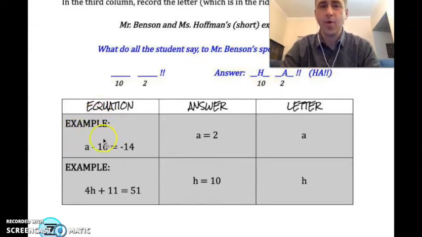Well, one of the questions was a minus 16 equals negative 4. The answer is 2, so the answer of 2 goes with a. Letter A there. And then the next example says 4 times h plus 11 equals 51. H is 10. So here where you have a 10, you put an h.